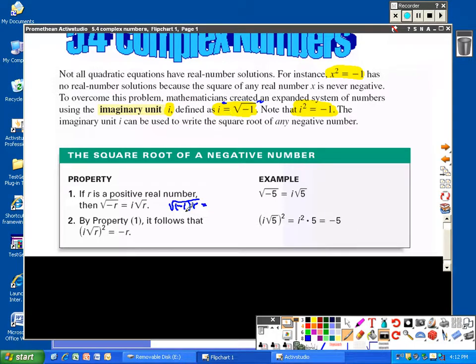So this part would come outside as an i, and I'd have i square root of r. An example here is the square root of -5. Well, the square root of -5 is the square root of -1 times 5. So the square root of -1 is i, so I have i square root of 5.